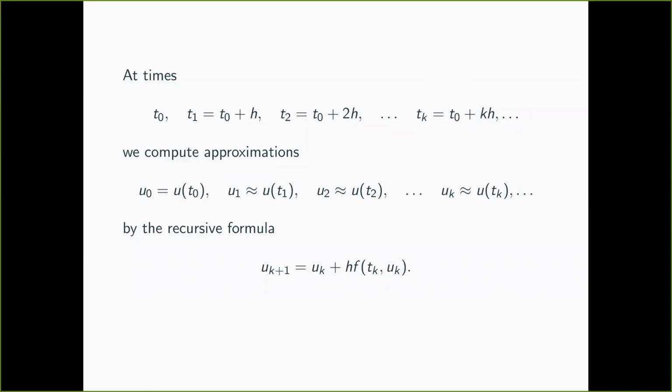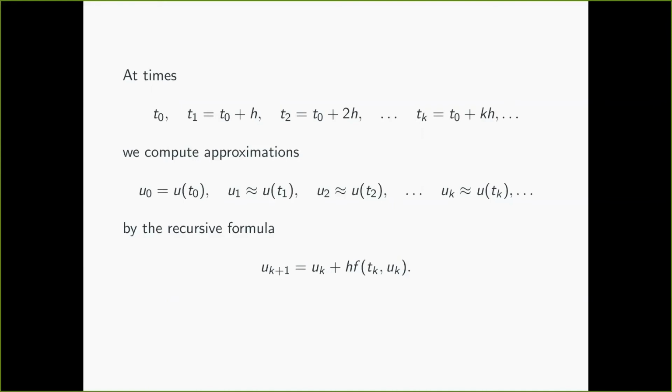Okay, with that formula, we can derive an iterative algorithm to approximate the solution u at successive times. More concretely, suppose we start at time t0, and we already know u at time t0 from the initial condition.